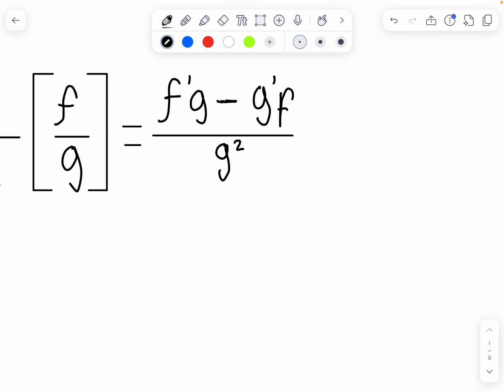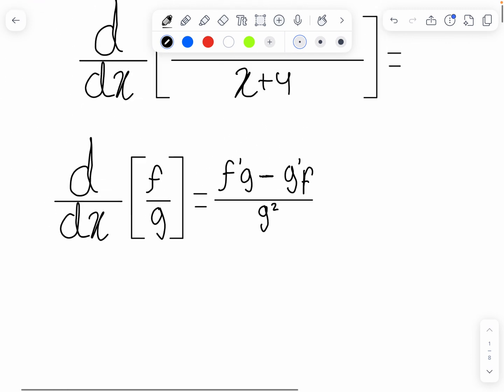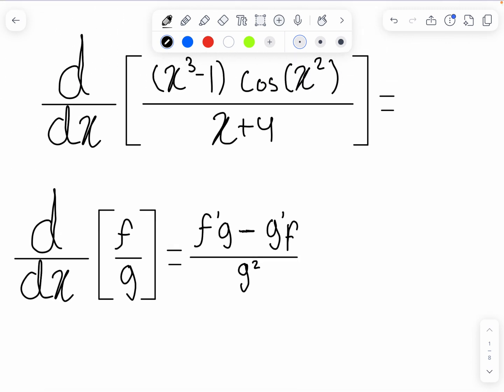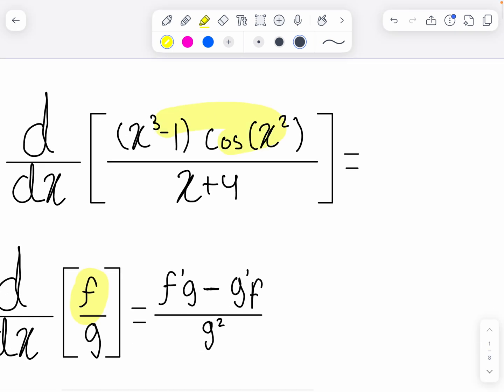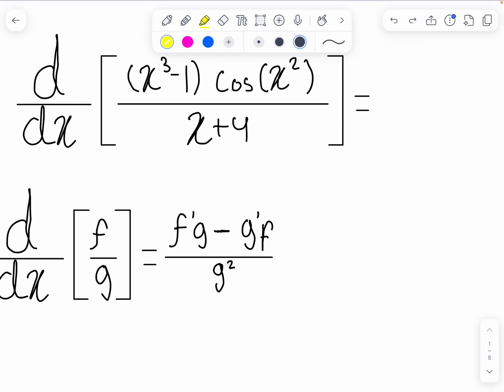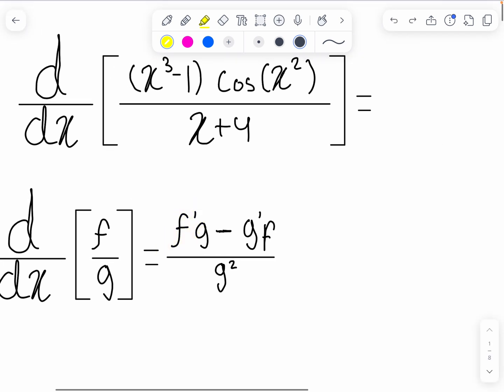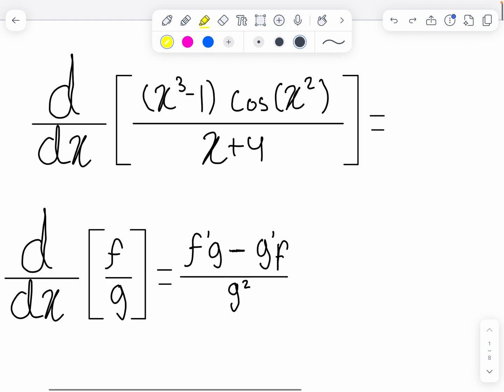But now, this f corresponds with this entire numerator. So we can't really do anything until we find the derivative of the numerator. So first we need to find the derivative of the numerator.